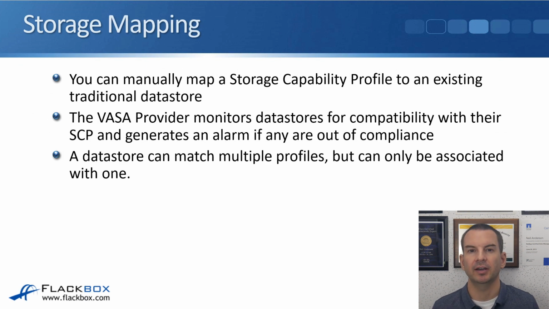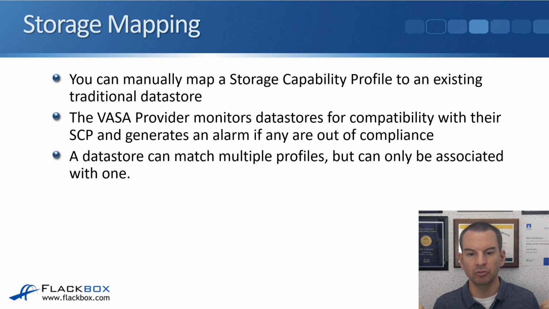So if you do have existing data stores, you'll typically use the VASA provider to automatically generate the storage capability profile. You can also manually map a storage capability profile to an existing traditional data store. So you could use one of the default profiles, or you could create your own custom profile, and then you could map that to an existing traditional data store.